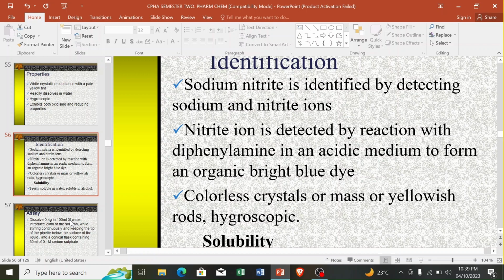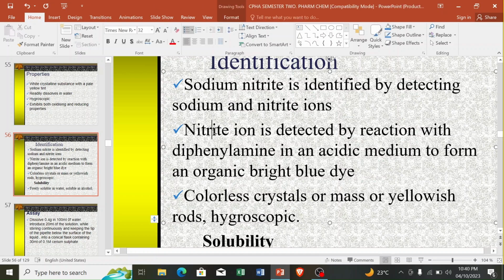So this is the observation. The reagent is diphenylamine in acidic medium, and the observation is that a bright blue dye is formed. And then we can confirm the presence of nitrate ions.